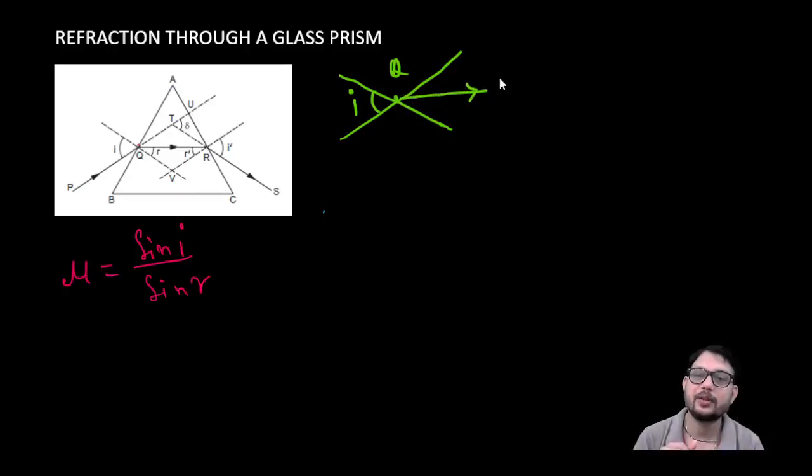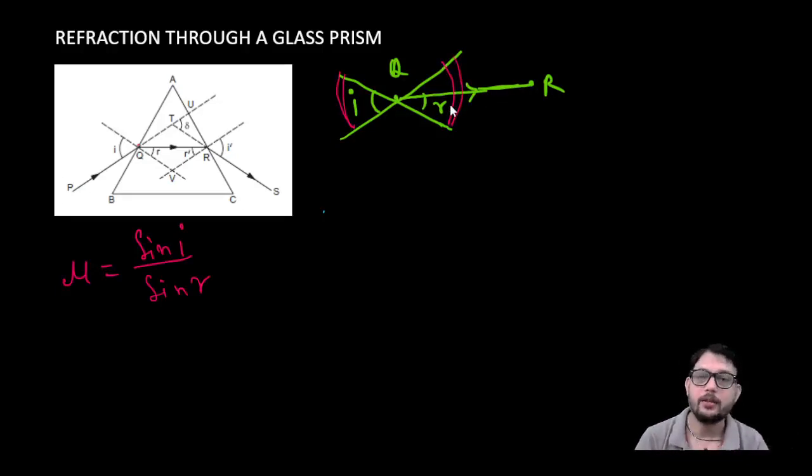This is your angle small r, and we want to focus on the point Q. As we can see here, the two lines cross each other. It means whatever angle this one is, it must be equal to the angle of this one also.